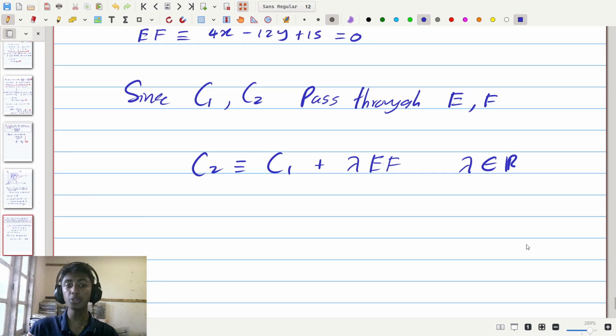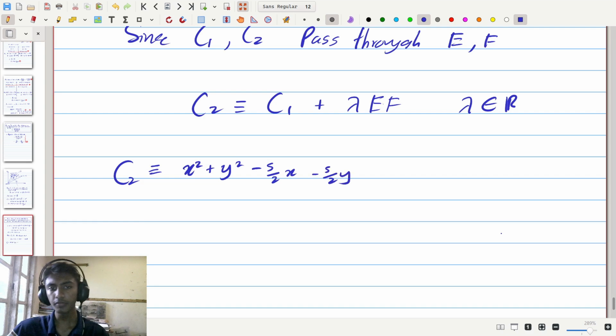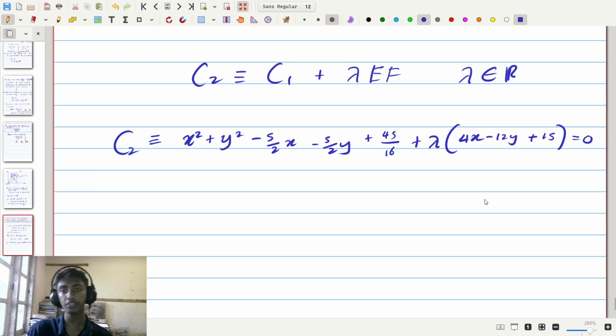Now if we substitute into this, we're going to get that C2 is given by, and if we consider C1 was x squared plus y squared minus 5 over 2x minus 5 over 2y, and then plus 45 over 16 plus lambda times the line EF, which was 4x minus 12y plus 15, and this has to be equal to 0. So we have this equation right here.